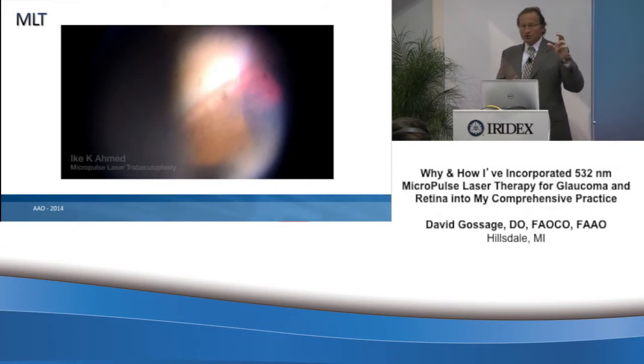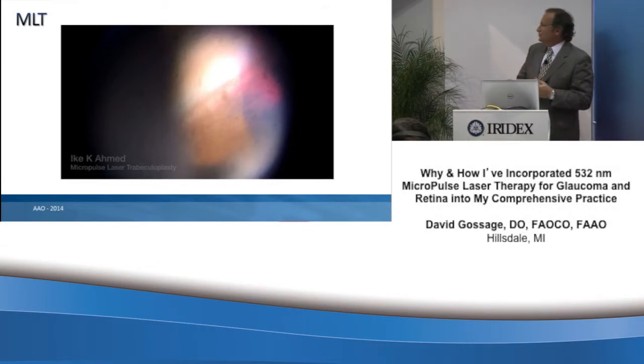The nice thing is Iridex actually has worked on making a lens that has a little clicking device on it, which actually rotates each clock hour. So you can say, okay, I need to put 10 spots here, click, need to put 10 spots here, click, 10 spots here. And so by the time you go around 360 degrees, you've made your treatment and you've known how many spots to put in.